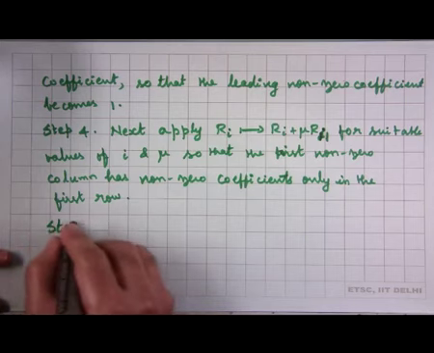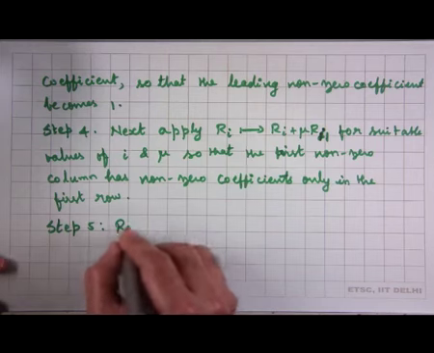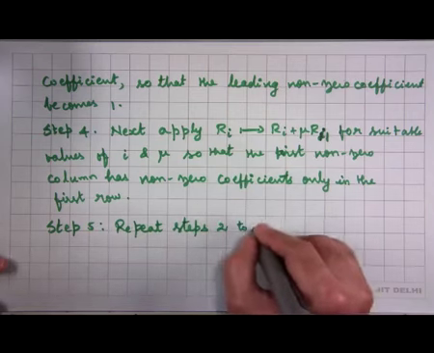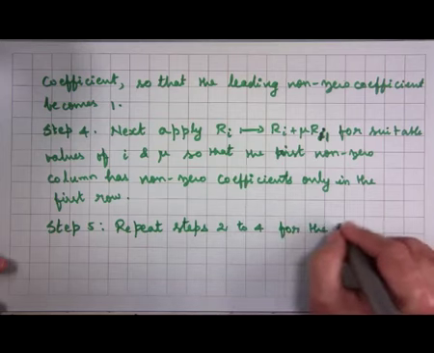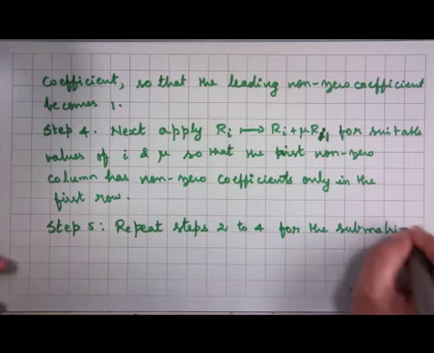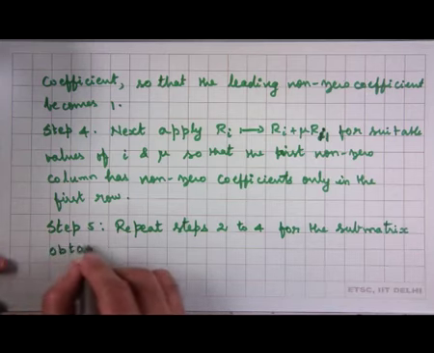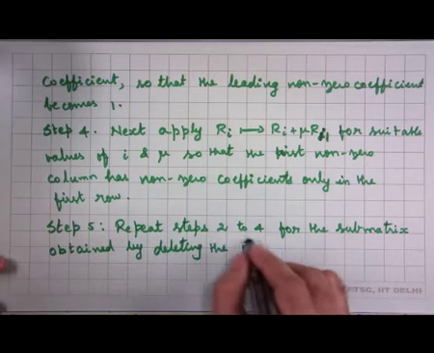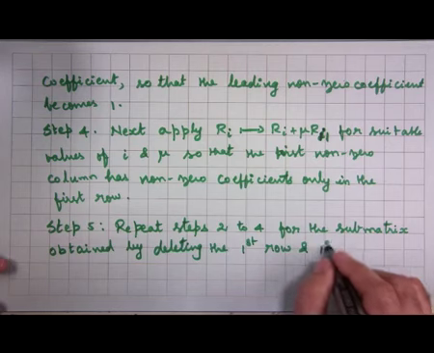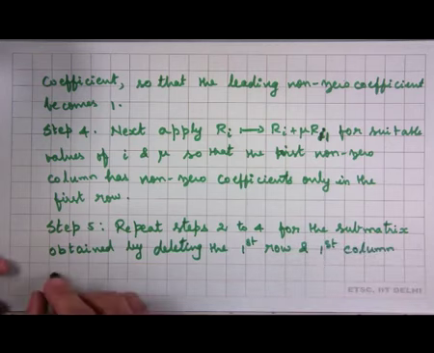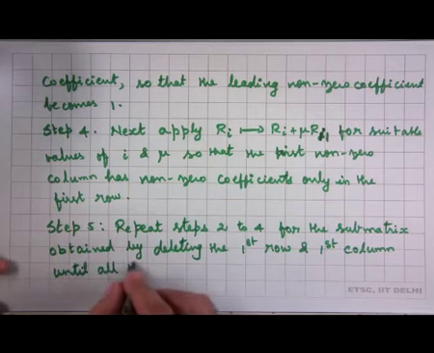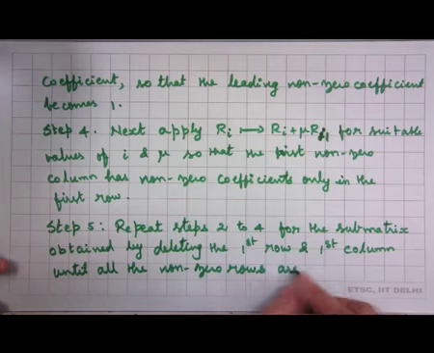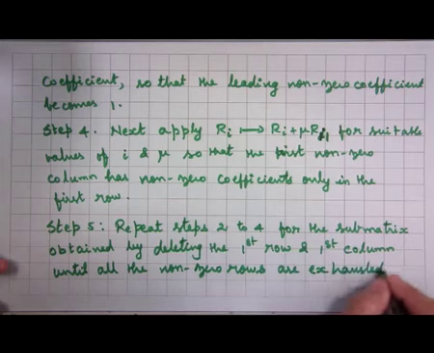Now, step 5, repeat steps 2 to 4 for the submatrix obtained by deleting the first row and first column, until all the non-zero rows are exhausted, right.